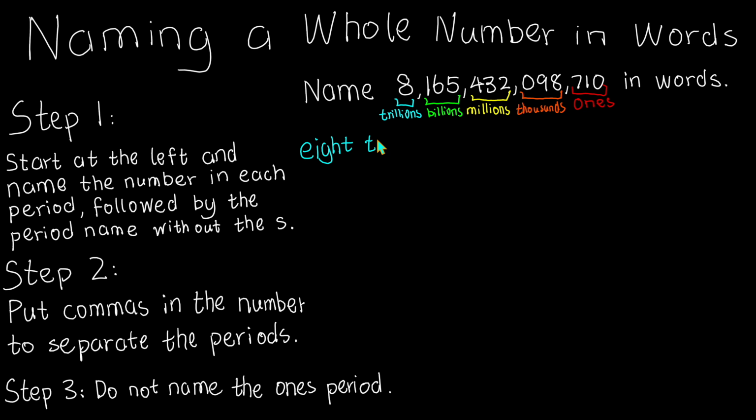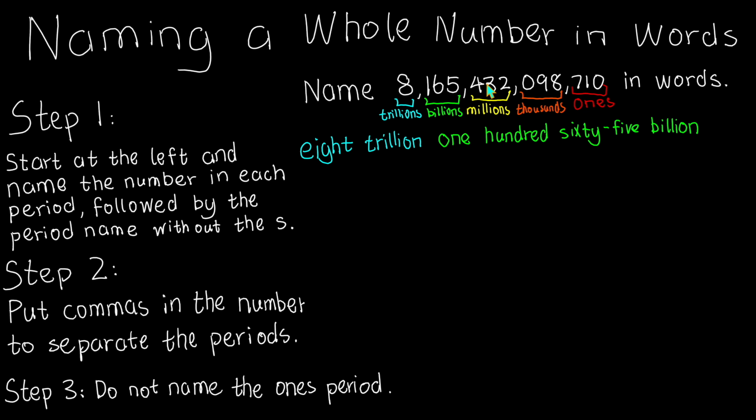So let's do trillion. Then let's move on to the second number. The second number is gonna be called 165. And we're gonna follow that by billion. And remember not to forget the hyphen between 60 and 5.